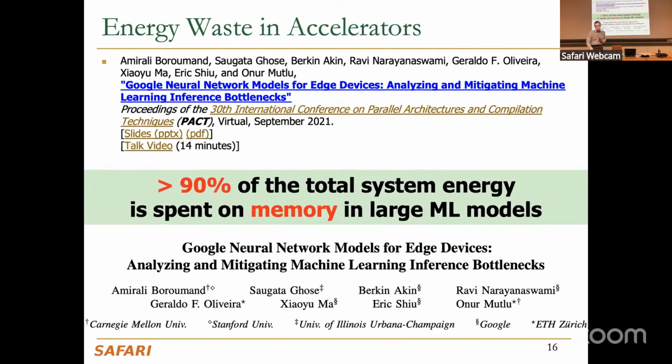Okay. More recently, we repeated the study with accelerators that Google designed. These are edge TPU devices, tensor processing unit devices, which you have seen in DDCA, if you've taken DDCA, systolic array-based accelerators. We found out that on proprietary Google models that are used in the field, at the edge, more than 90% of the total system energy is spent on memory in the large machine learning models.